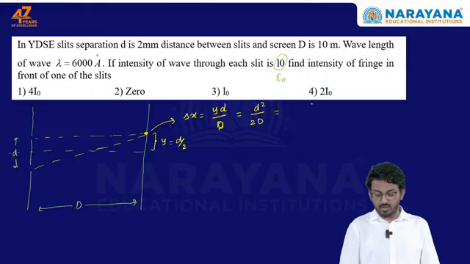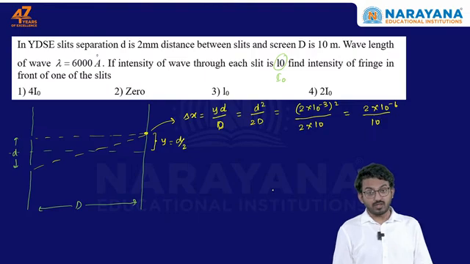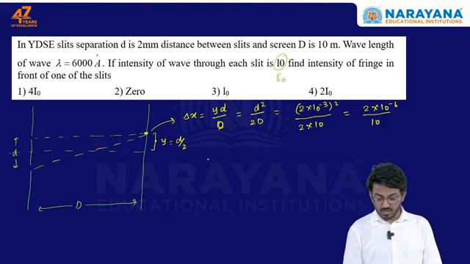So let's calculate the value here. Small d is given to be 2 mm. So 2 into 10 to the power minus 3, I'll solve in SI units, square, divided by twice of capital D, which is 10 meter. This is coming out to be 2 into 10 raised to the power minus 6 divided by 10. This is the path difference. Now we have to see what is the path difference in terms of wavelength.